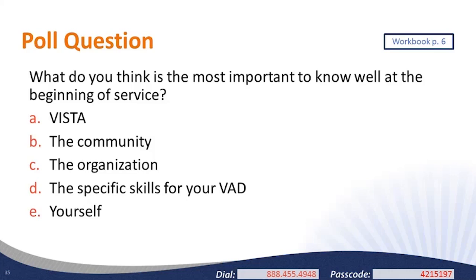And the answer was yourself, because you're going to react, you're going to be attracted, you're going to be repulsed, and if you don't know what your triggers are, if you don't know what your loves and your hates are, you're not going to be able to determine what's going on here. Why am I responding this way? Why am I having such a challenge breaking through this wall? So that's why I personally think the answer is yourself. And then the second answer is community.